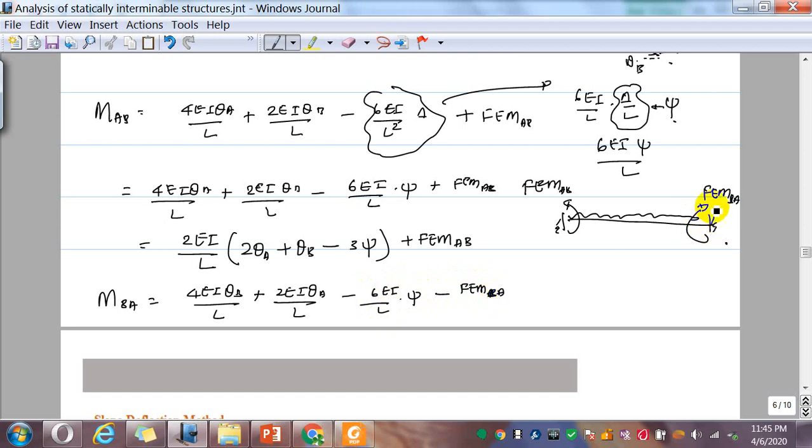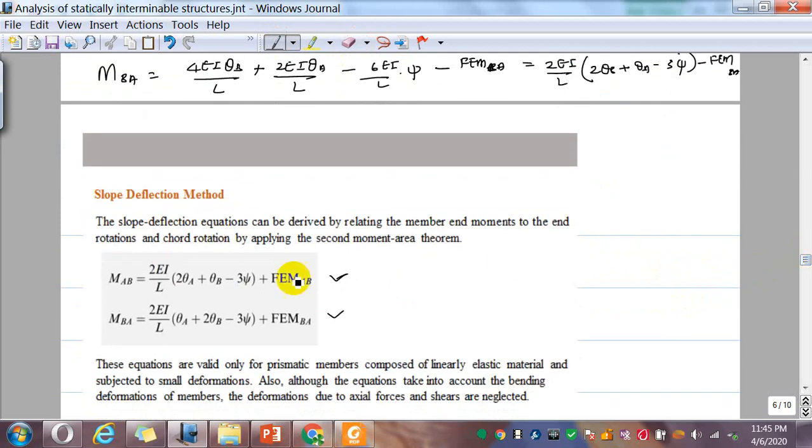Here it is clockwise, so it's minus. So the equation becomes 2EI over L (2θB + θA − 3ψ) − FEM BA. So that is the equation here.